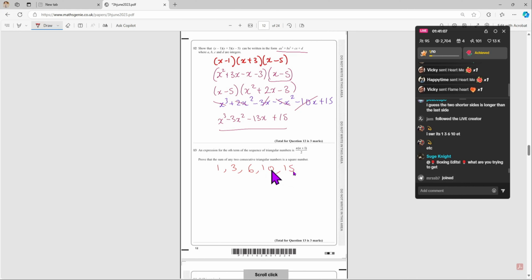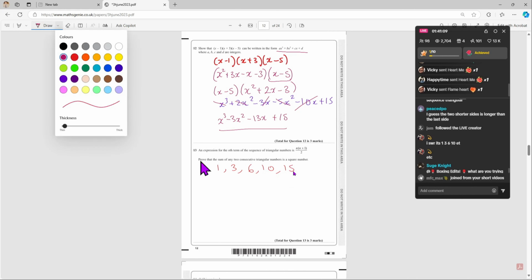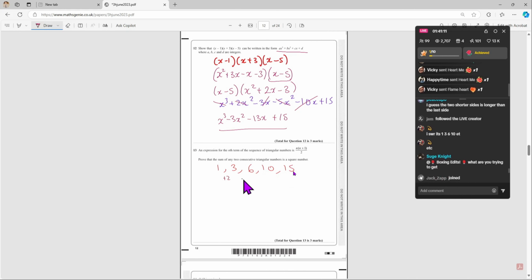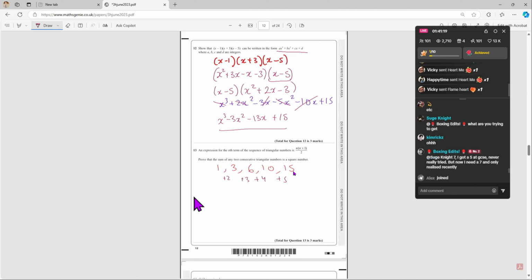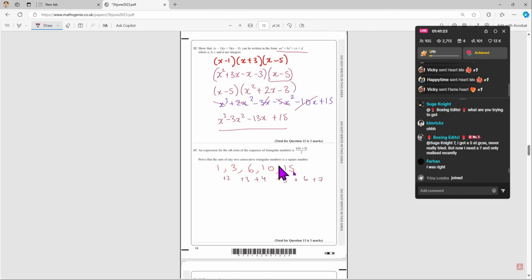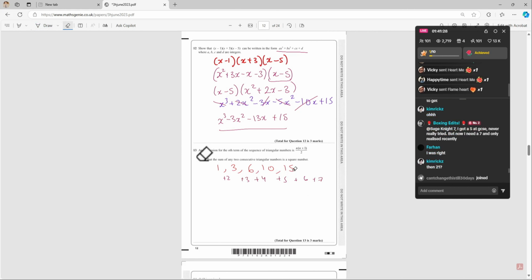When you add them, basically you add 2, then you add 3, then you add 4, then you add 5. They are going up by increments, like 2, 3, 4, 5, then plus 6, then plus 7. These are triangular numbers, okay? Yes, then it will be 21, then 28.